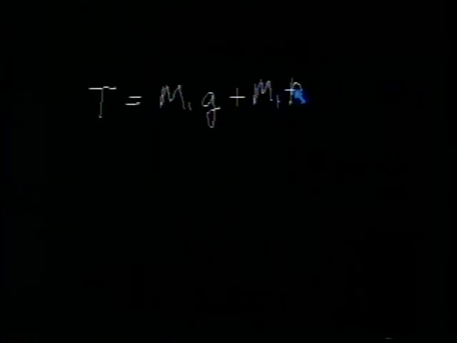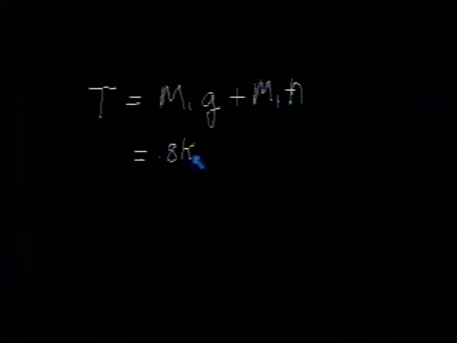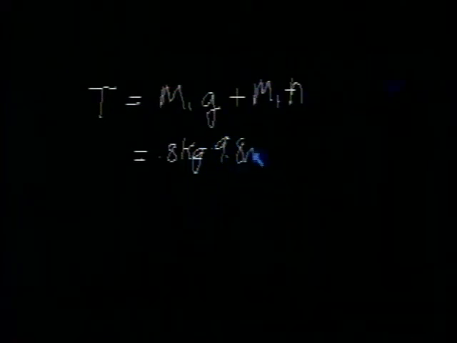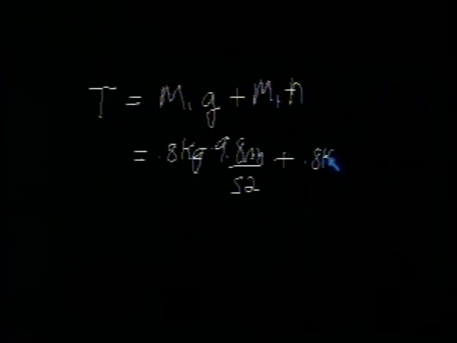That's equal to 0.8 kilograms times 9.8 meters per second squared plus 0.8 kilograms times A, which was now found to be 1.09 meters per second squared.